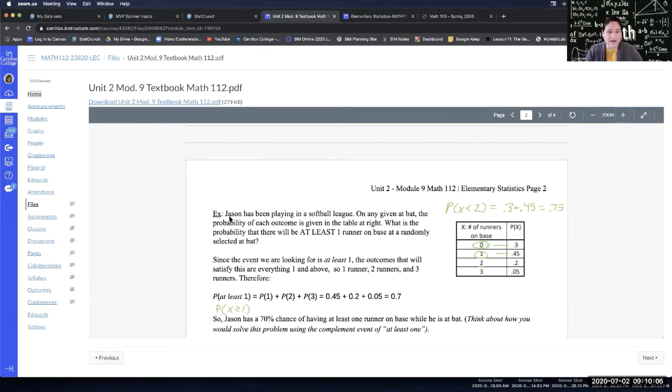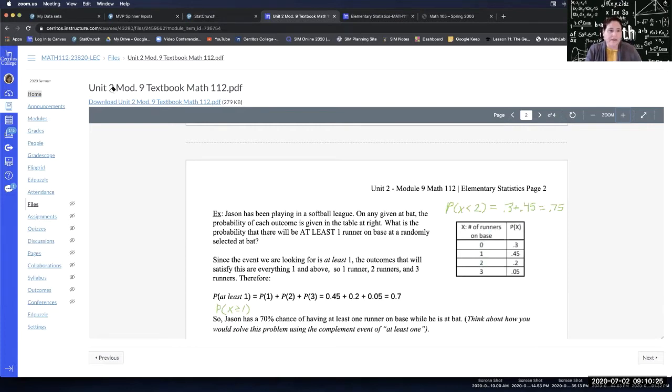Okay, so the probability X is greater than or equal to 1. Basically this scenario calls for everything except 0.